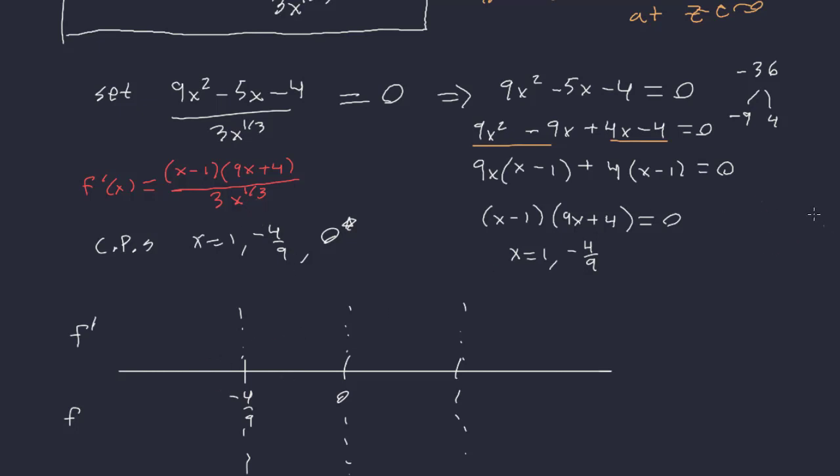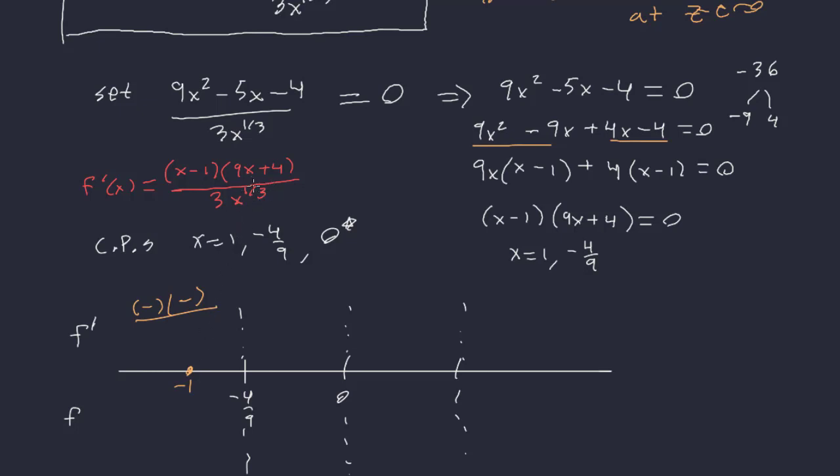Okay, so for test value number 1, negative 1 should be in this region here to the left side of negative 4/9. So when we plug in a negative 1, we are going to get a negative in this region. Then the negative 9 plus 4, that will be a negative in this region. And then the 3 times x to the 1/3.